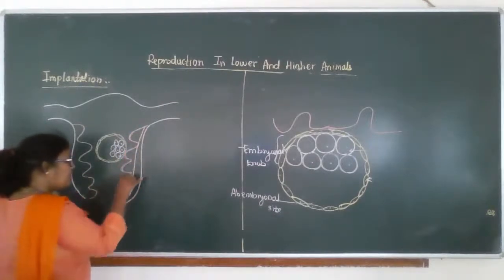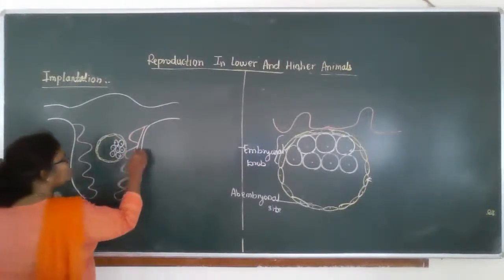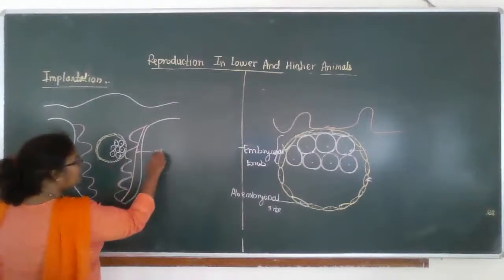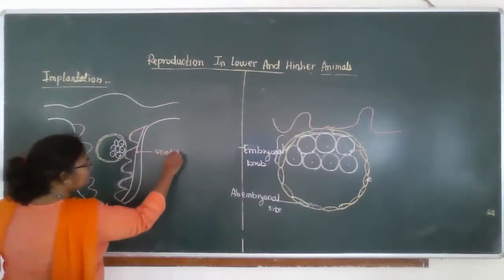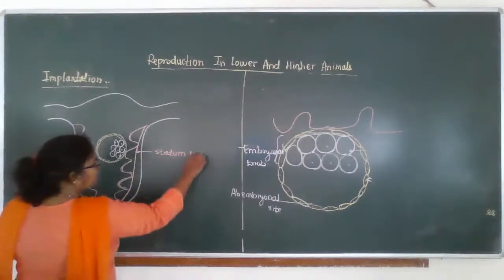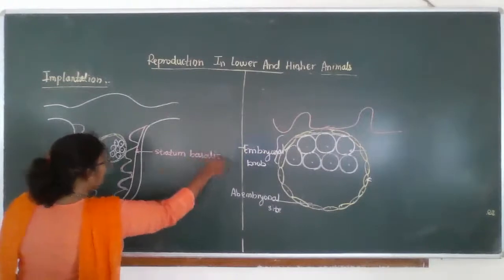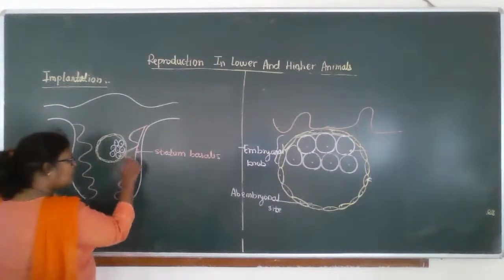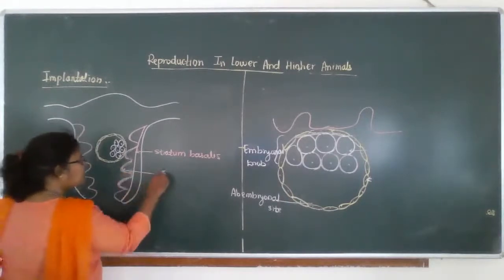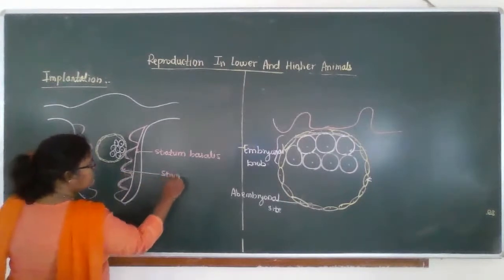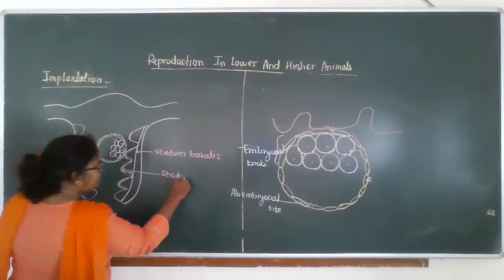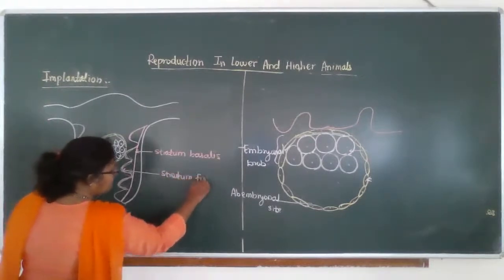This is the stratum basalis, the endometrium layer, and this outer layer, which is forming the folds, is called the stratum functionalis.